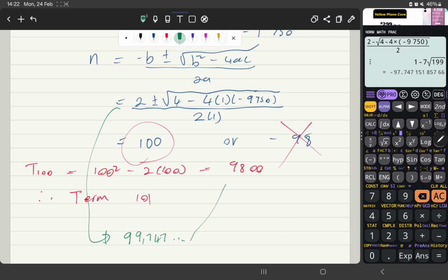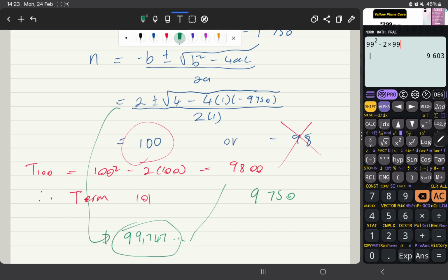Now if I go to my equation, and I try 99 squared minus 2 times 99, I'm getting a number below 9,750. But now you look at this decimal thing.